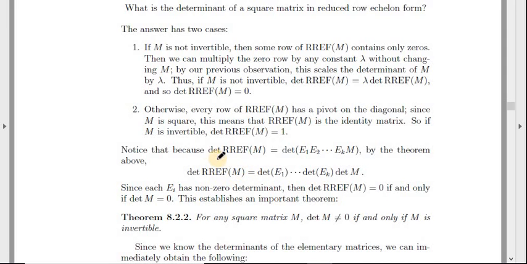If there's a zero row in the REF, then the determinant is 0. If the determinant here is 0, then the determinant here is 0. Okay. All right, so the bottom line is that the determinant of REF is 0 if and only if M is singular. So that means the determinant of M is 0 if and only if M is singular, or non-invertible. All right?